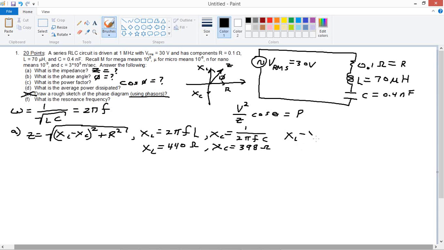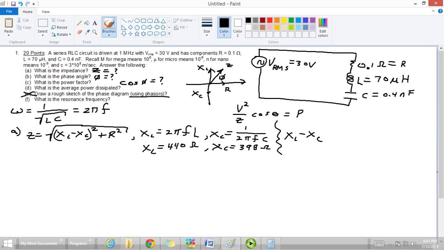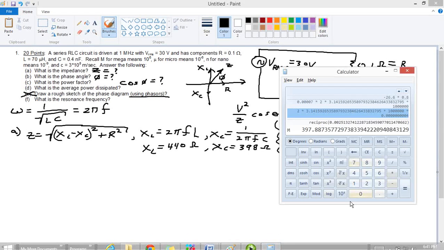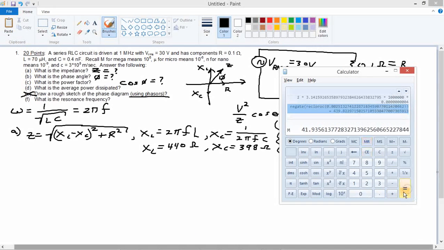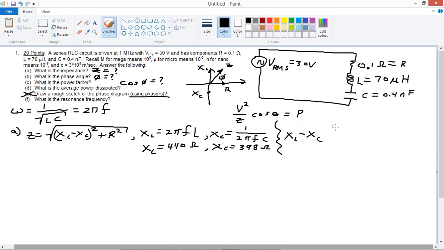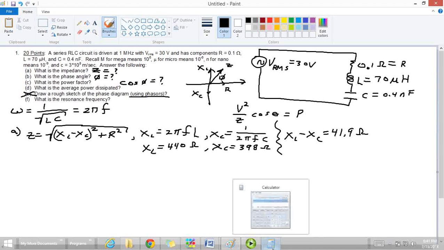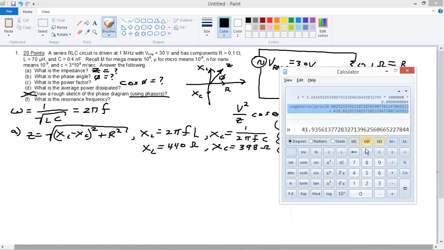XL minus XC. I'm going to just make it a little dividing line. I got 41.9 ohms, and here's a reason why it's a good idea to keep things in your calculator, because you have a lot more accuracy.